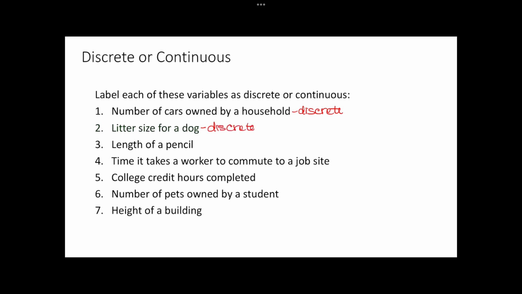What about the length of a pencil? Now the length of a pencil could be measured in, say, inches or centimeters, and we could have decimal values there. So the length of the pencil is going to range over a set of values that I can't list out one by one. So that's going to be continuous.